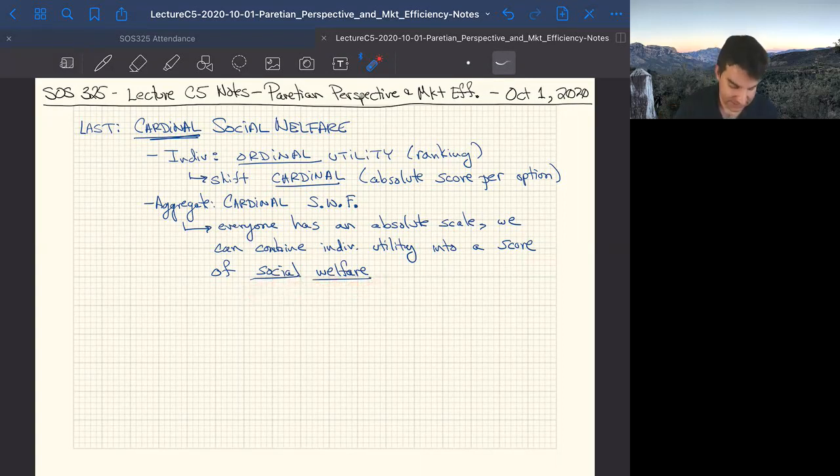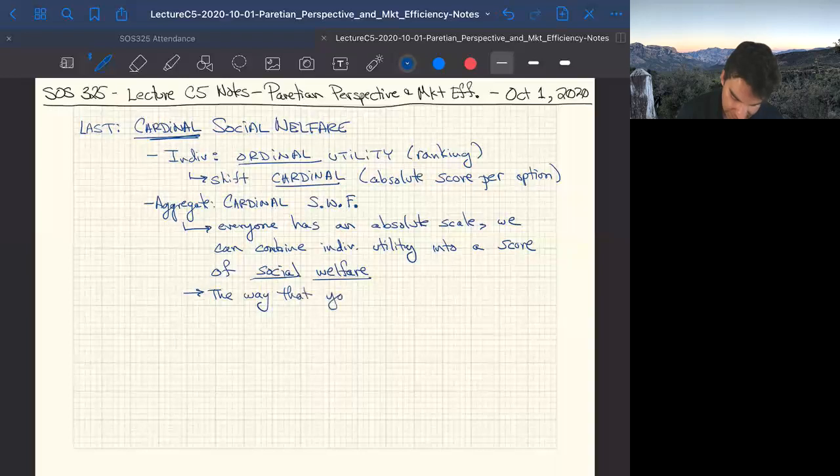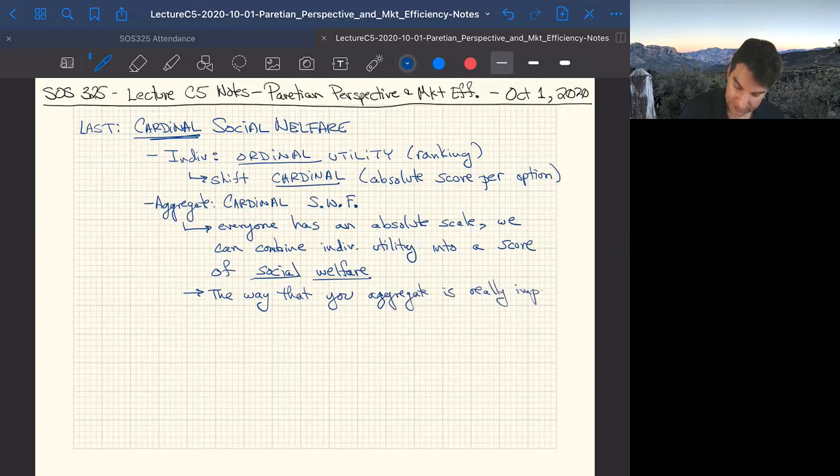The downside, or upside, or whatever you want to view it as, is that the way that you aggregate is really important. If you just add everybody's utility up together, that basically says, I don't really care about the distribution.